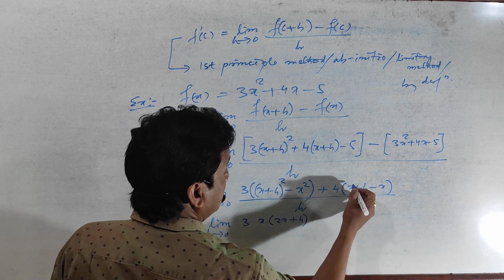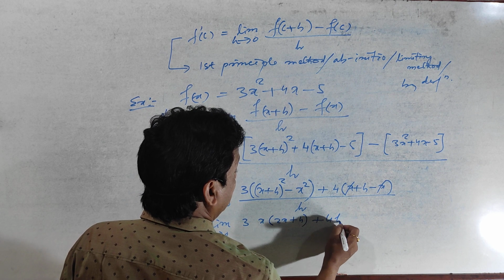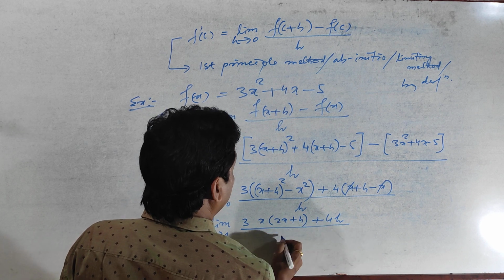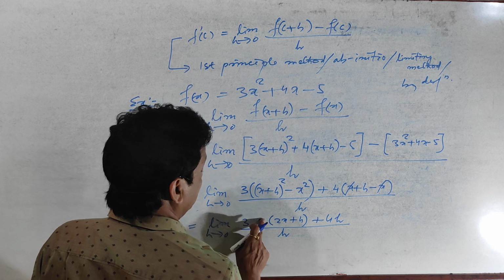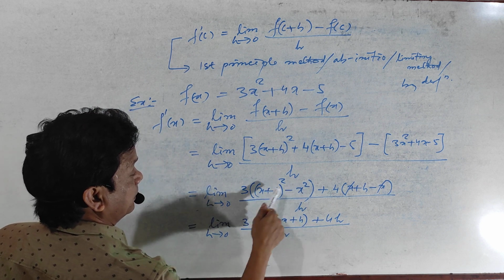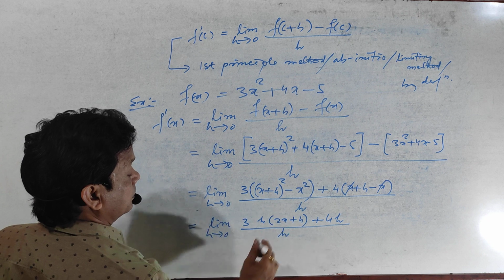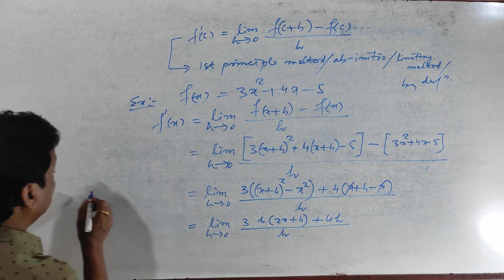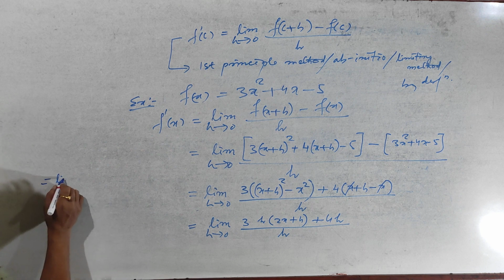Here minus x plus x cancel out, remain 4h divided by h. So sorry, this will be h. A minus b means x cancel out, remain h, and a plus b is 2x plus h. And now take the common h, then cancel out.